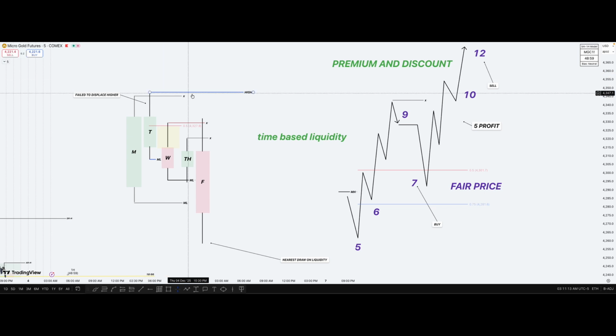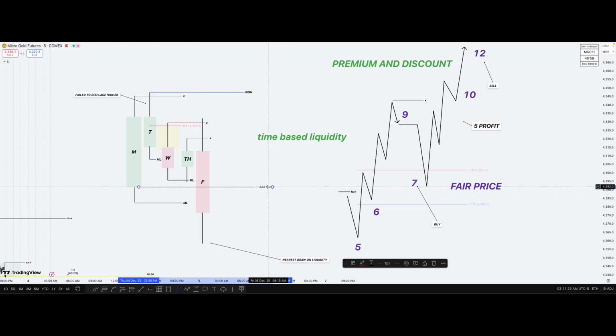If this is monthly, I mean week open, where is our week open? This is our weekly open. Price is closed below the open, isn't it?